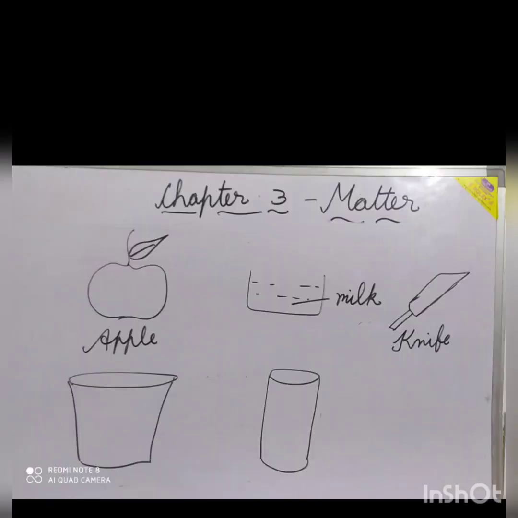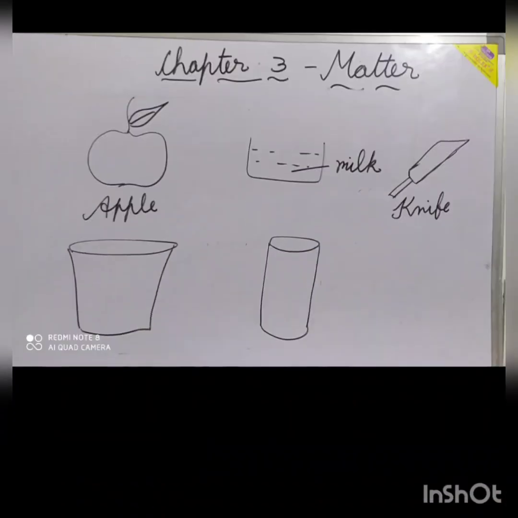Now we do an activity to study the properties of solids and liquids. The materials required are an apple, milk, a knife, and two differently shaped containers. The procedure: we take an apple and keep it in two differently shaped containers one by one.